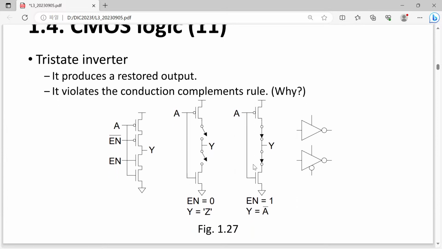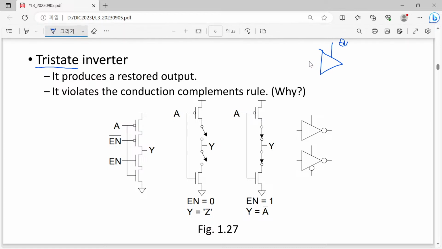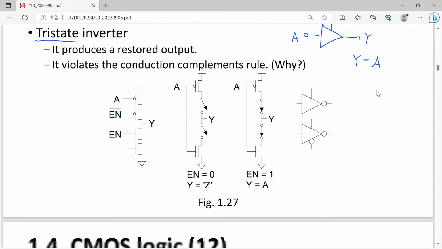Another possibility to make this tri-state is not the tri-state buffer. Here, a tri-state buffer means that when enable equal to 1, we want y equal to a. This is called a tri-state buffer.